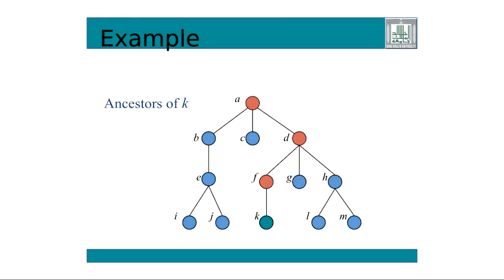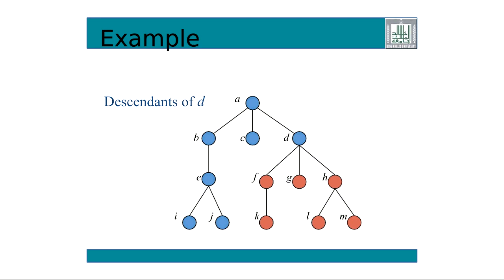Ancestors of K means the parents of K. Who is the father of K? F. Who is the father of F? D. Who is the father of D? A. So K's ancestor is A, that means grandparent.